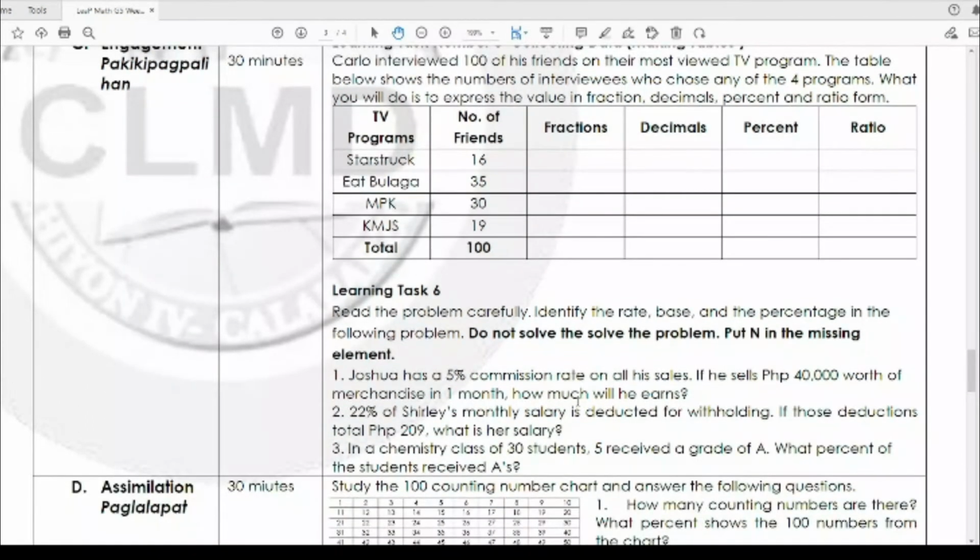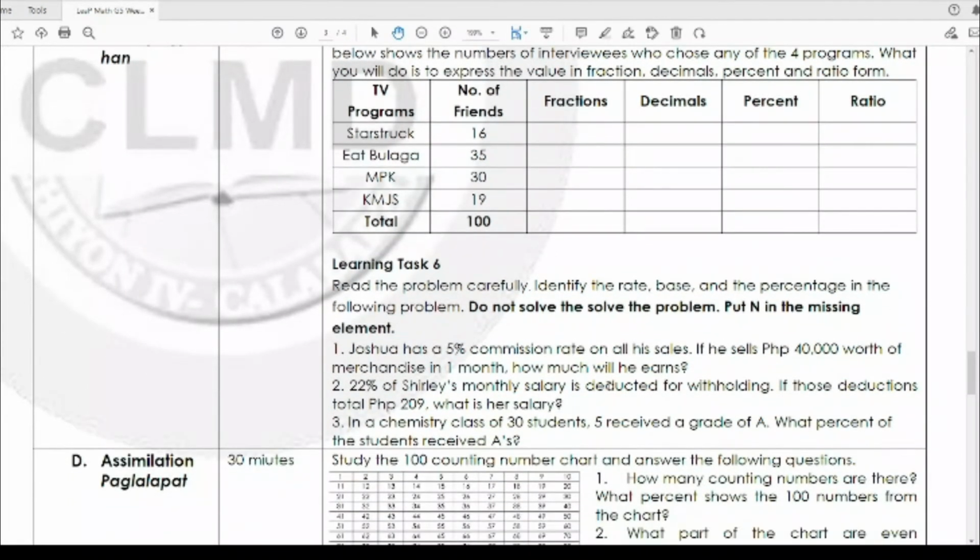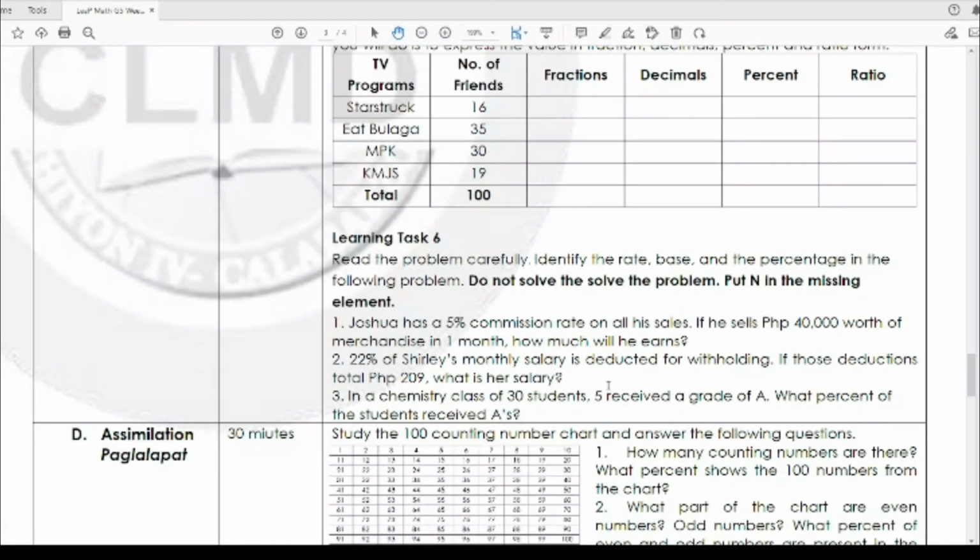Let's continue with our learning task number 6. Read the problem carefully. Identify the rate, base, and the percentage in the following problem. Do not solve the problem. Put n in the missing element. Number 1.